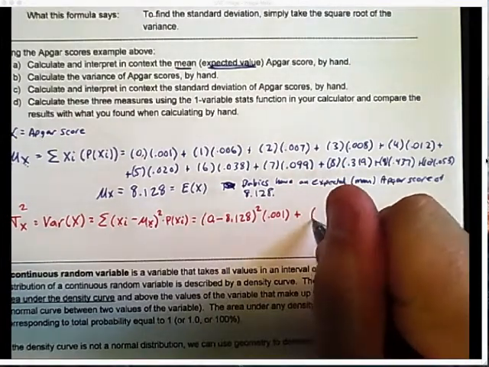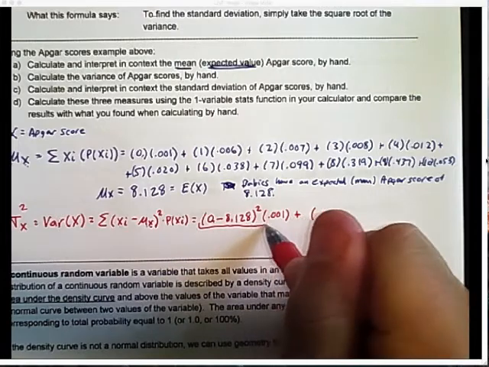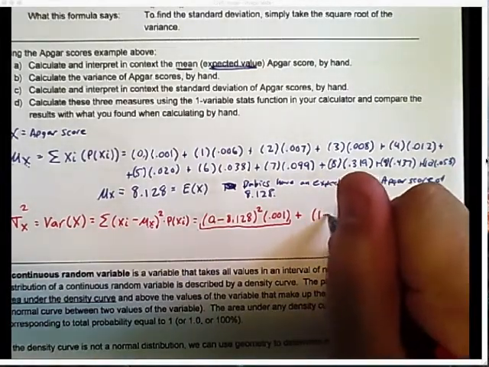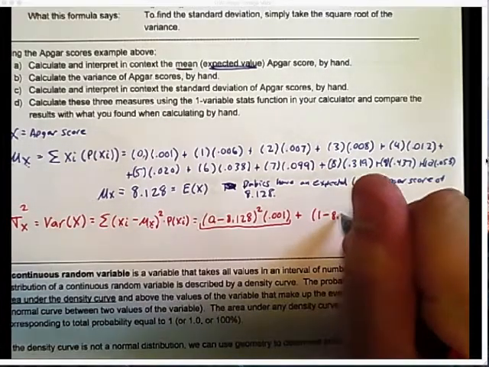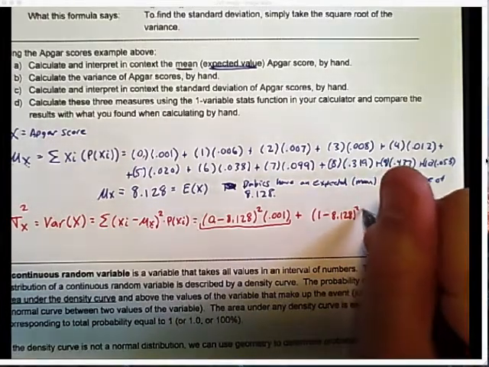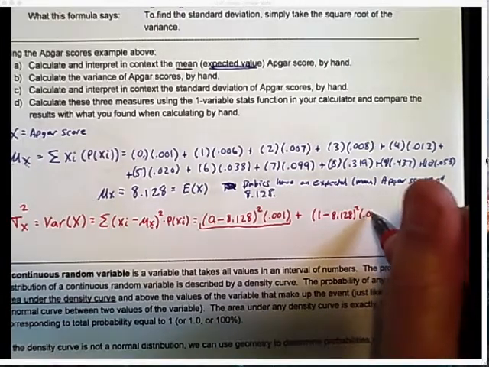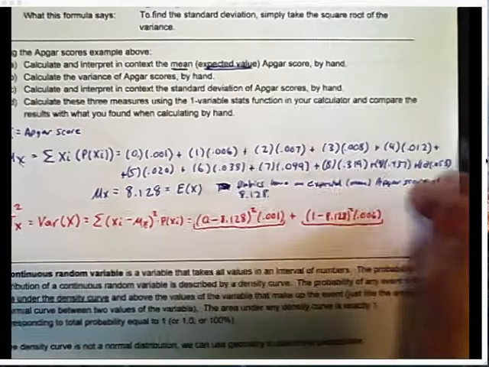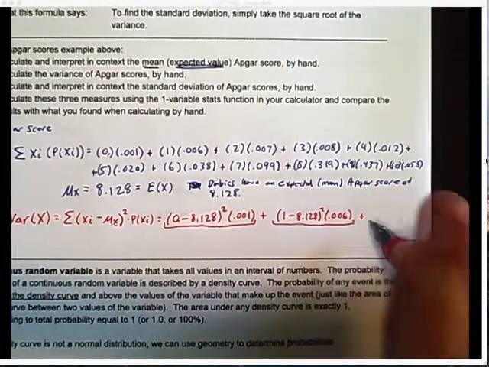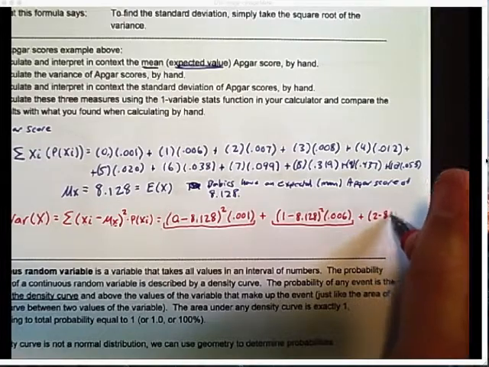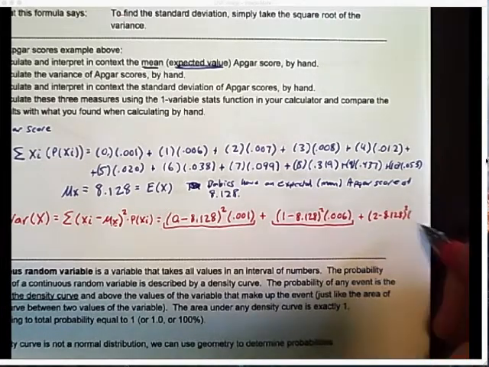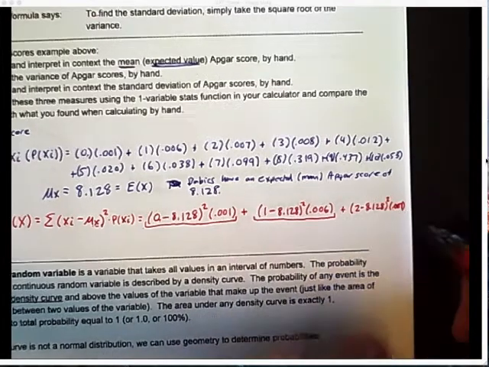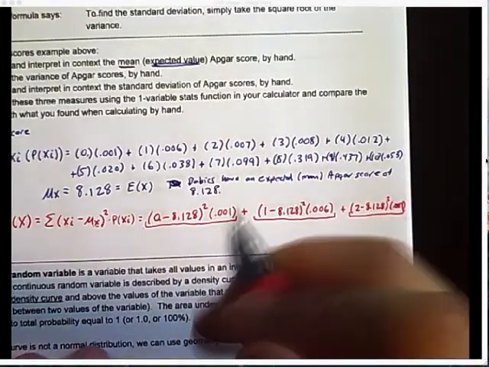Okay. Now the next term, so this is just the first term. All right, and then the next one, we have to do the individual value, APGAR score of 1, minus the mean, squared, times the probability of getting a 1. Okay. So that's the second term. We're going to keep going. All right, then we have 2 minus 8.128 squared times the probability of getting a 2, which was 0.007. So that's that term.